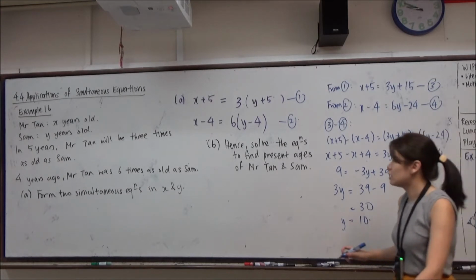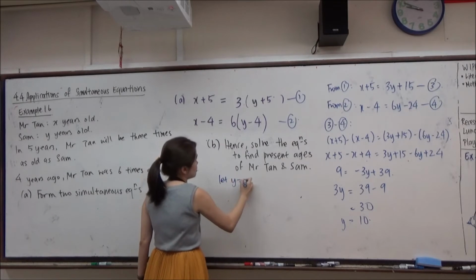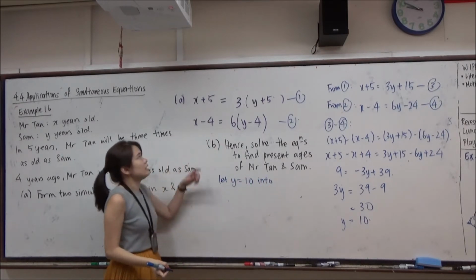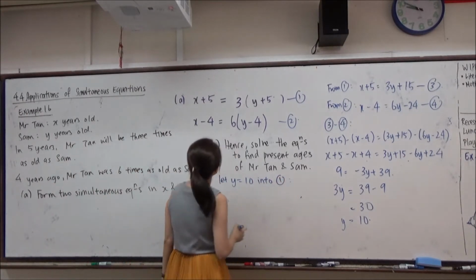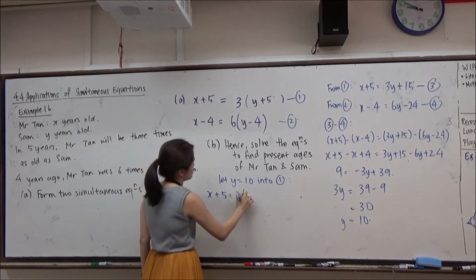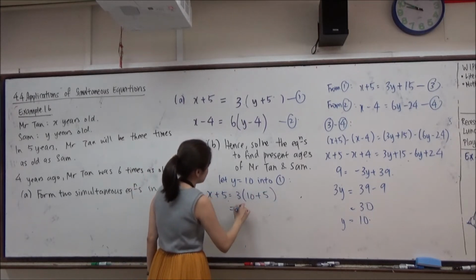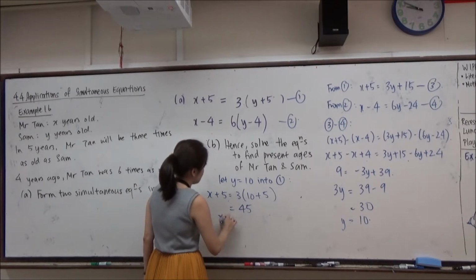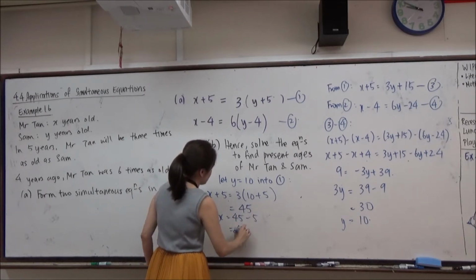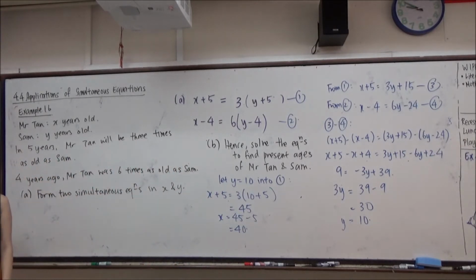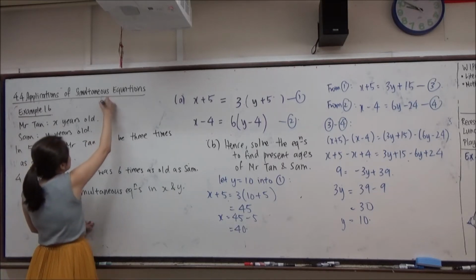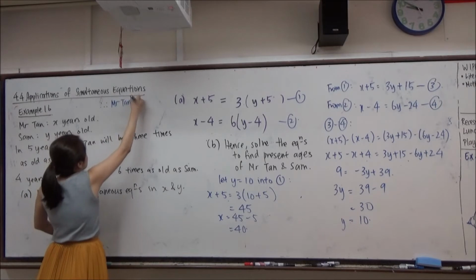Okay, and if I were to let y equals to 10 into any of these equations, alright, so let's say I let it into 1, I will find that x is equals to 40. So Sam is 10 years old, Mr. Tan is 40 years old. Okay, so conclusion, Mr. Tan is 40.